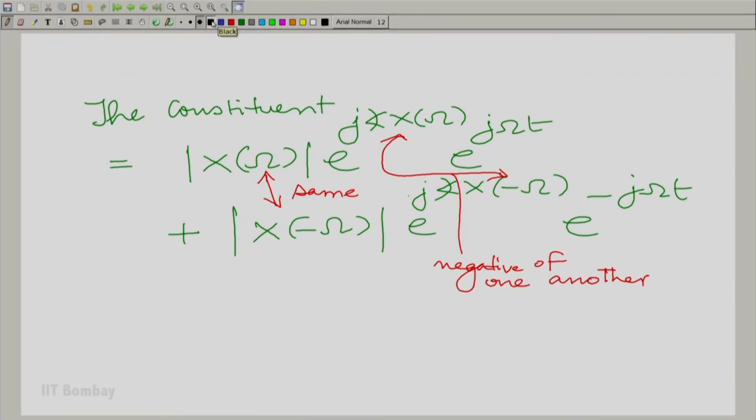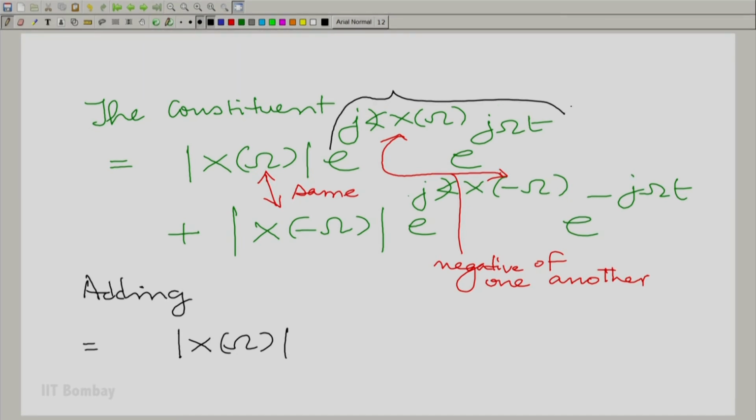If I add these, I can easily simplify and get mod X(omega) times e raised to the power j omega t times e raised to the power j angle of X(omega), and its complex conjugate.